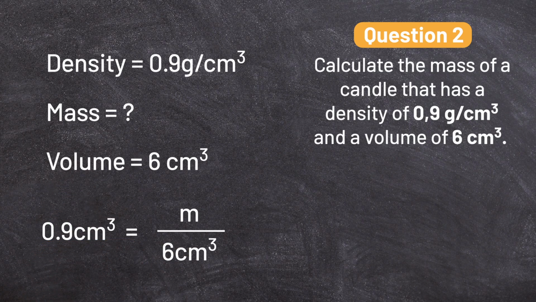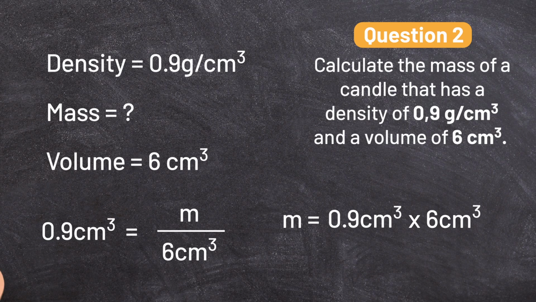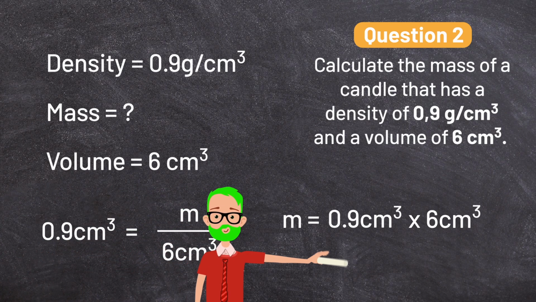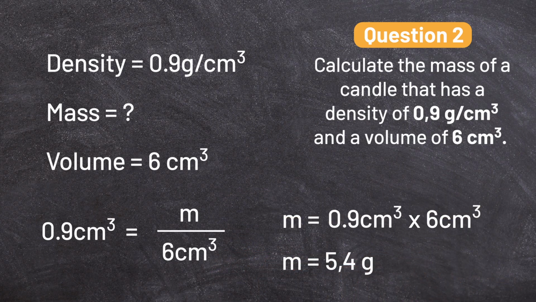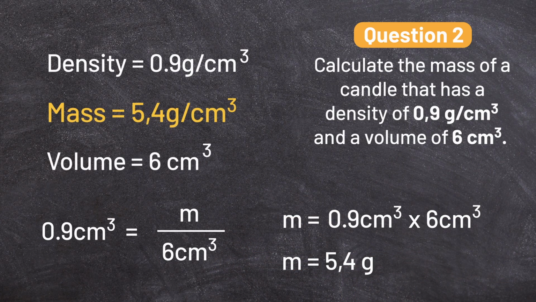Instead of dividing, we do the inverse operation, which is multiplication. We multiply 0.9 by 6 to get the answer, which is 5.4 grams, which is the mass that we are looking for in this specific answer.